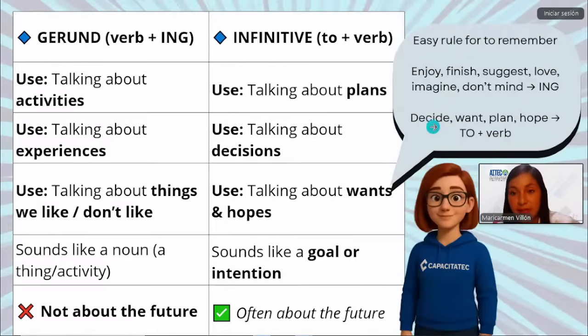Recuerden entonces qué cosas, decisiones, cosas que queremos, que planeamos, que esperamos, entonces ahí utilizamos el infinitive, que es el to y el verbo. Ya. Ok, entonces, si puede haga la capturita de pantalla para que usted vaya a diferenciar ya mismo en los ejercicios que vamos a tener.